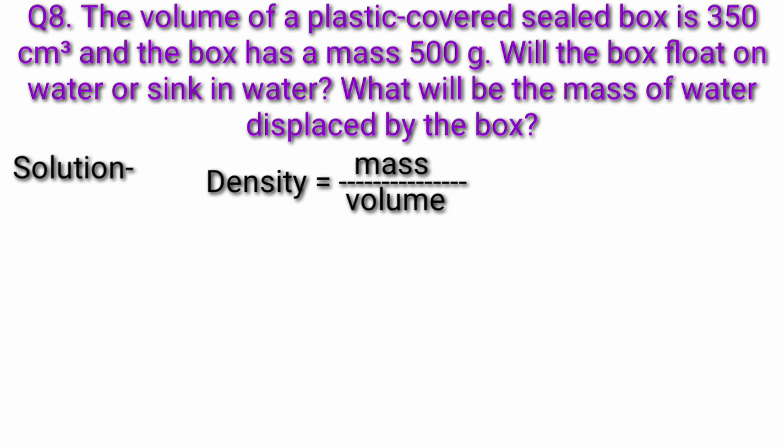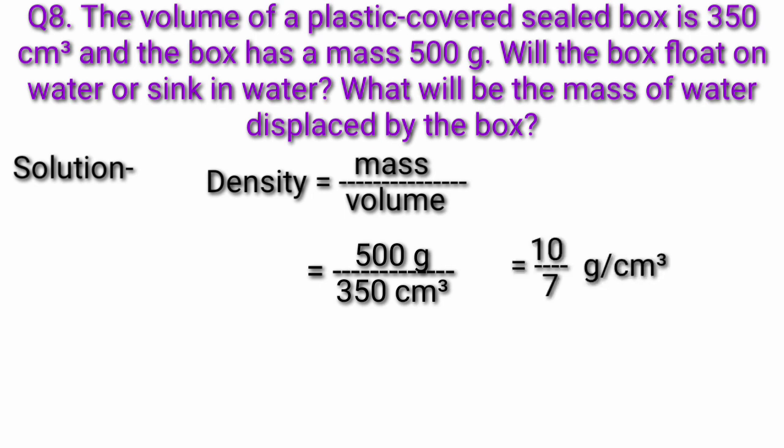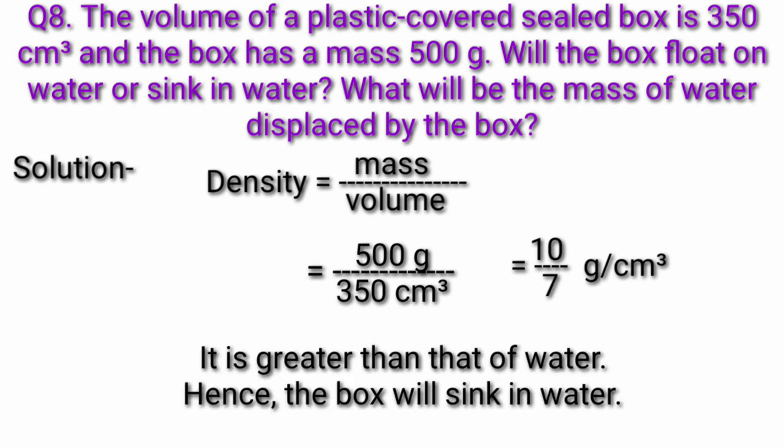So density is equal to mass divided by volume. So here volume is 350 centimeter cube and mass is equal to 500 gram. So density is equal to 500 gram divided by 350 centimeter cube. So after dividing we get 10 upon 7 gram per centimeter cube. It is greater than that of water. Hence the box will sink in water.